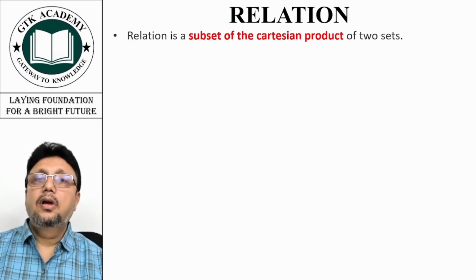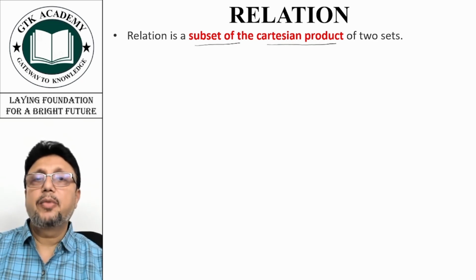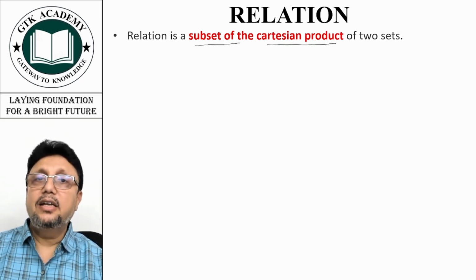Now, a relation is a subset of a Cartesian product. This is a statement which we are making. Now, what is a Cartesian product?